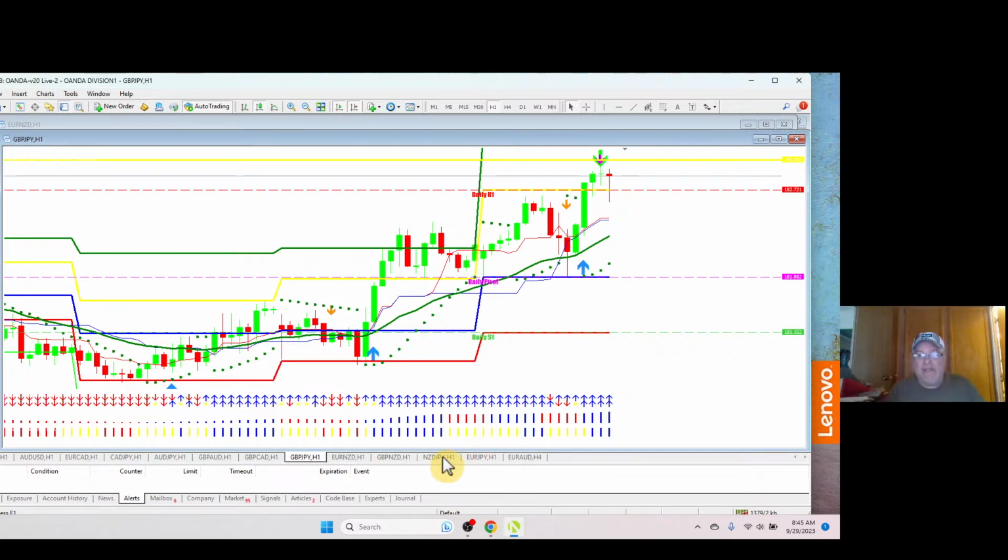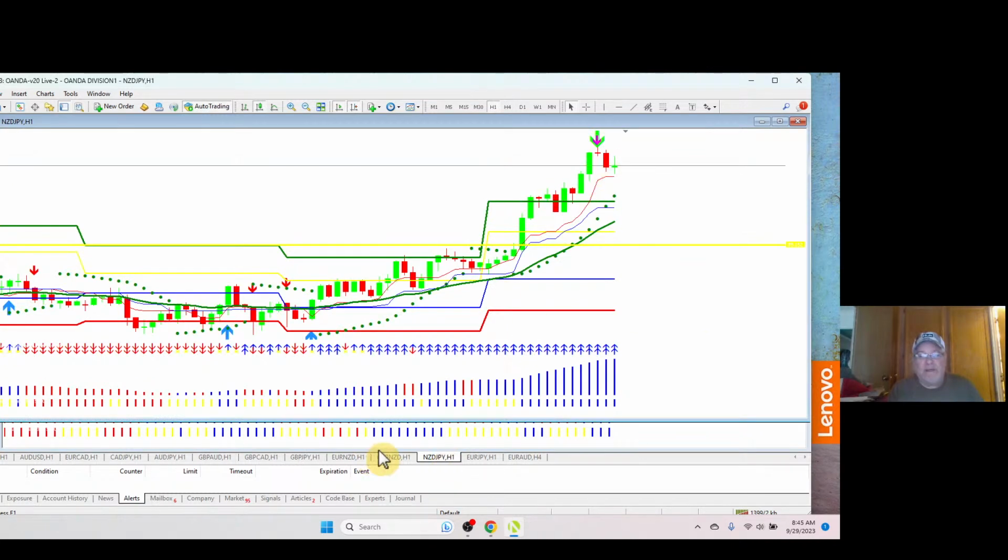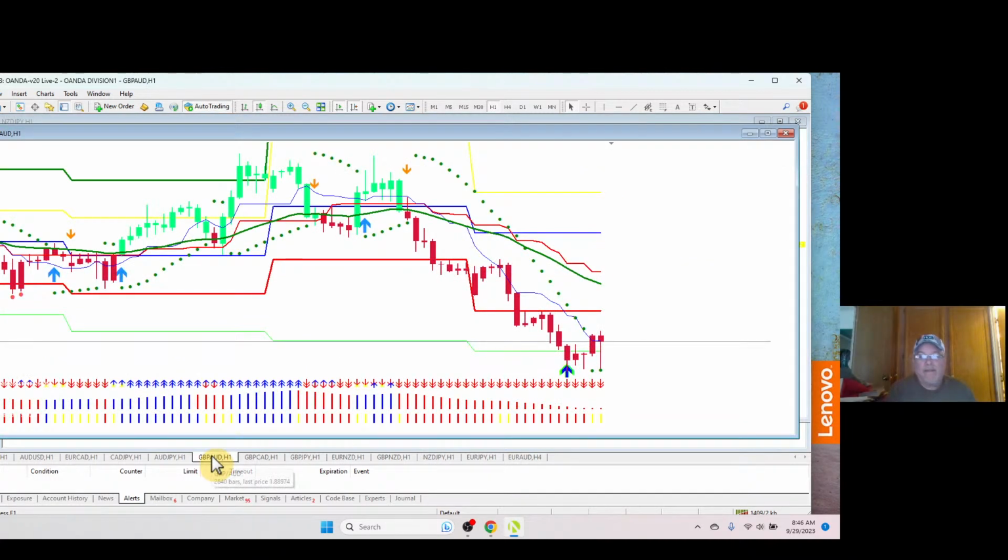New Zealand yen 1 hour. Not really doing anything. Pound Aussie 1 hour. Come on, pound. Okay, there we go. That's what we want. But it did get that second poke down.